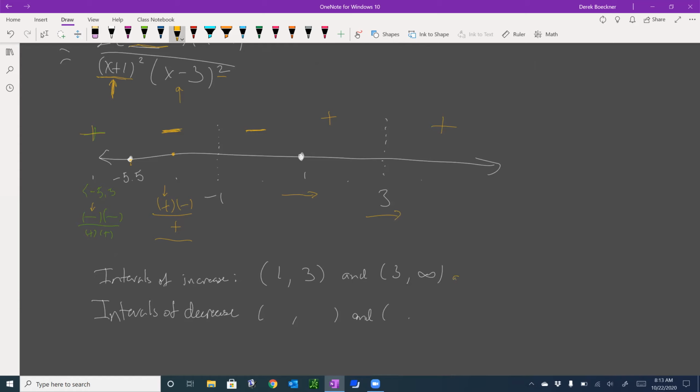So that should go up here. Negative infinity up until negative 5.5. And then these two, these are negative 5.5 until negative 1, and negative 1 until 1. And that should take care of everything. Negative infinity to negative 5.5, negative 5.5 to negative 1, negative 1 to 1, 1 to 3, 3 to infinity. So yeah, that takes care of the entire real line. Where do we have questions on this?